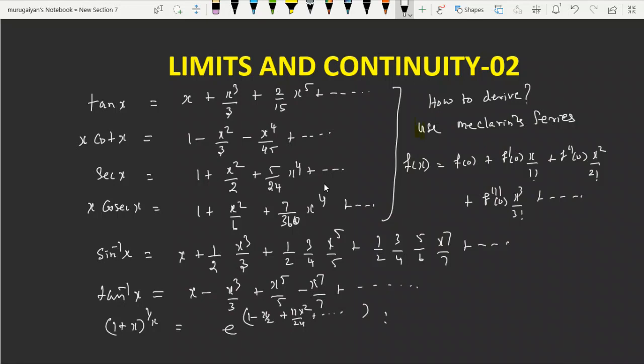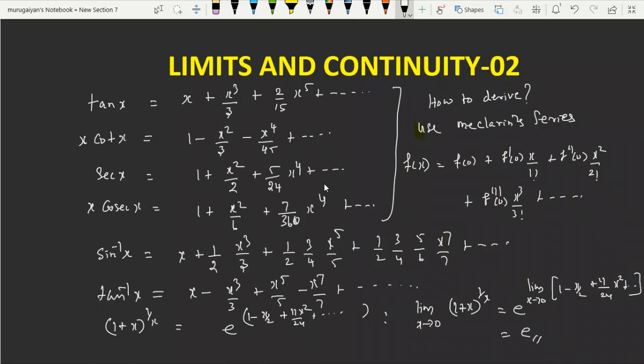It's a fundamental theorem. If we take the limit as x approaches 0, 1 plus x whole power 1 by x is equal to e. Taking the limit is a composite function, x approaches 0. If you apply the limit to the entire infinite series, 1 minus x by 2 plus 11 by 24 x square, keep going, e alone will come.